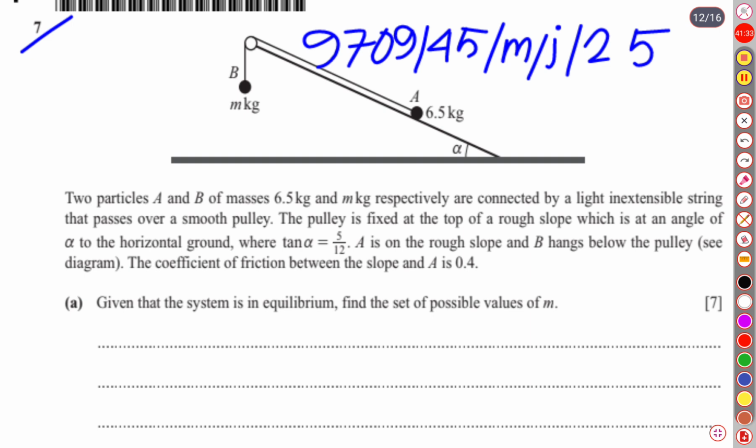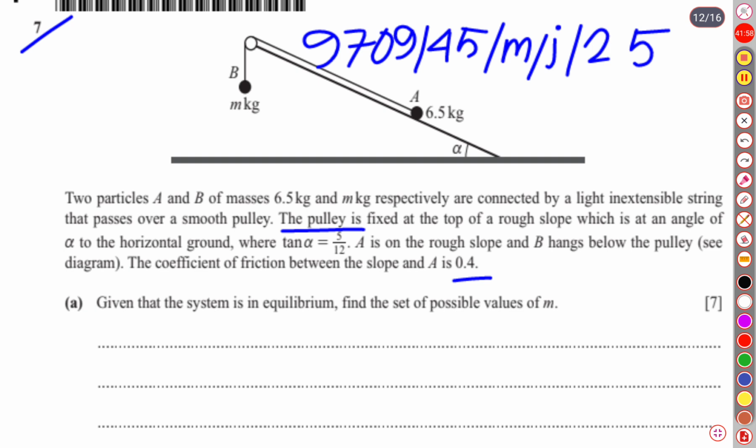The pulley is fixed at the top of a rough slope which is at an angle of alpha to the horizontal ground, where tan alpha is 5 over 12. A is on the rough slope and B hangs below the pulley. The coefficient of friction between the slope and A is 0.4. Given that the system is in equilibrium, find the set of possible values of M.